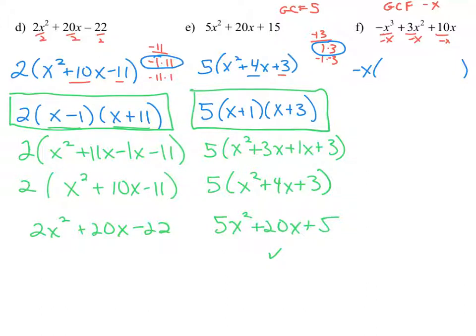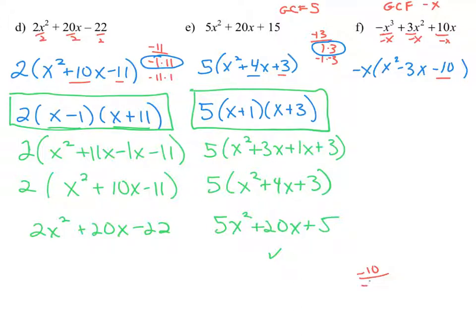So we have negative x times a quantity of negative x cubed divided by a negative x is a positive x squared. 3x squared divided by negative x is a minus 3x. And 10x divided by negative x is a negative 10. Now we want to factor the trinomial, x squared minus 3x minus 10. So we want to find the factors of negative 10 that will add up to a negative 3.